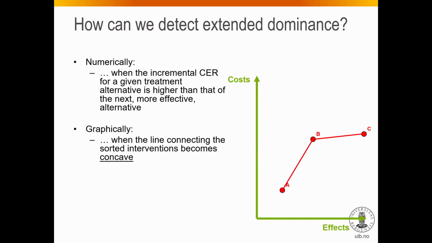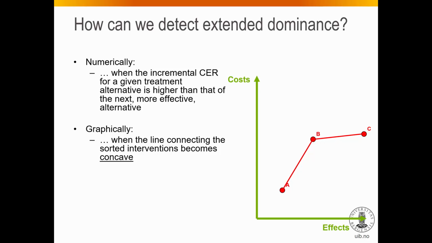And you can see the concavity here when we connect the sorted interventions like this. And you also see that the line connecting A and B, this ICER is steeper, so the ICER is higher than for the next and more effective alternative. So this is the numerical interpretation.